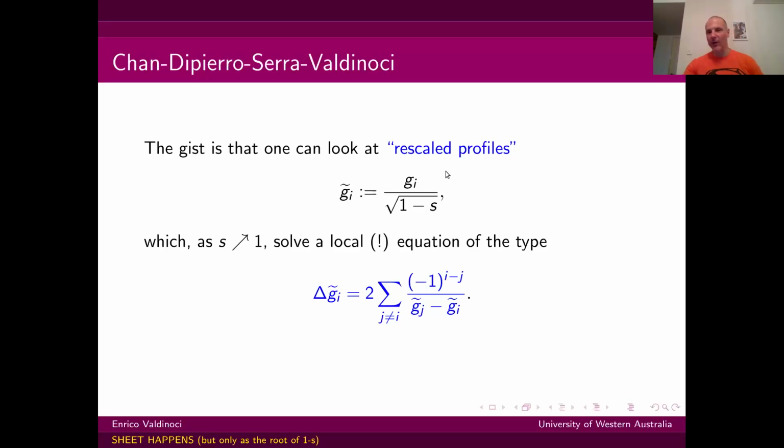Now, this G tilde obtained by this vertical rescaling, all these G tilde i's are functions that are separated by a distance of order 1. And as s goes to 1, they solve a local equation, which is somehow explicit. You may think, oh, it's not so nice.